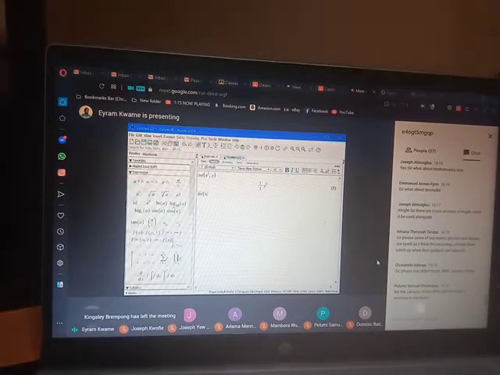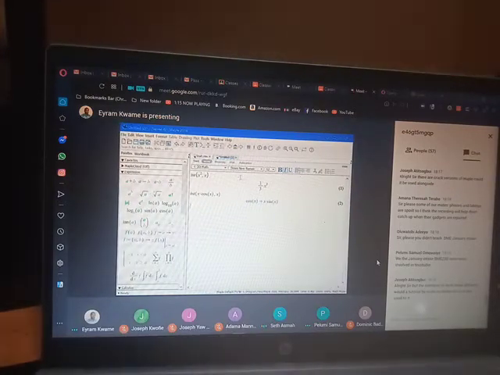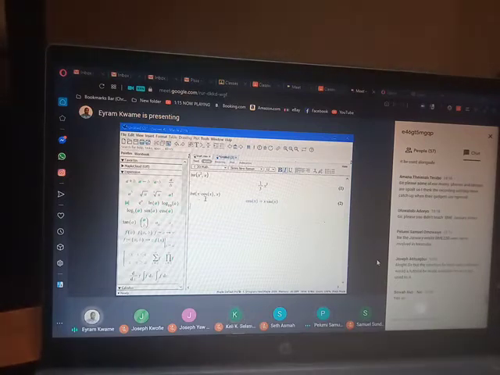If I'm integrating x times cosine of x with respect to x, I can easily get this output. Can you see my screen? Can you see the Maple screen? Yes, sir.